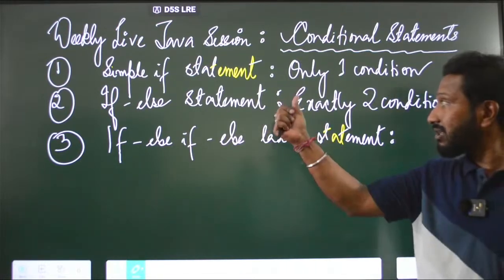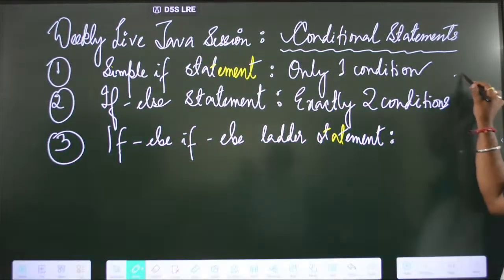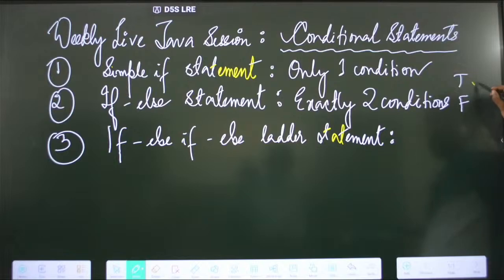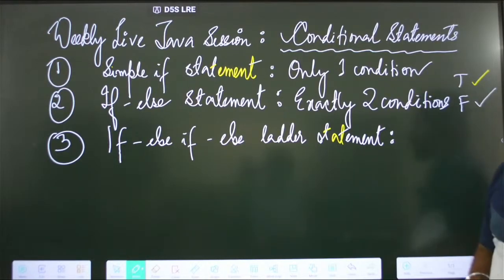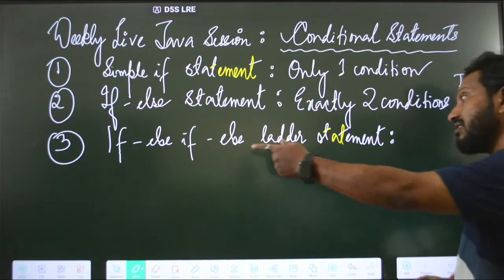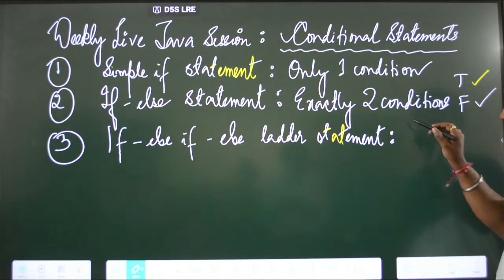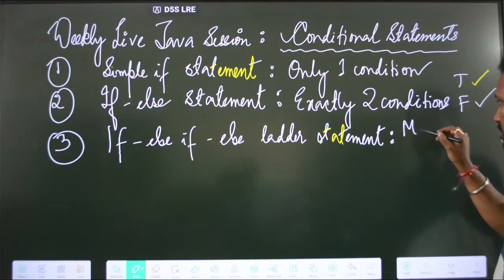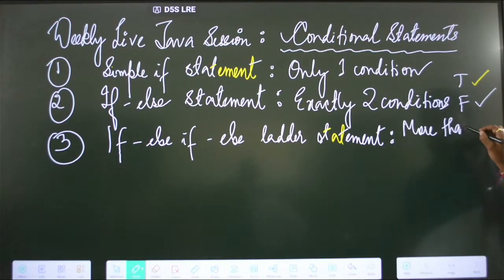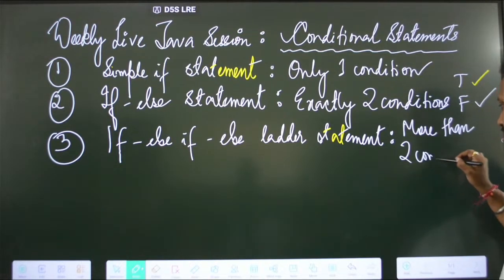In the second one, either the true part will be executed or the false part will be executed. In the third one, if you have more than two conditions, then we use the if else if ladder. So you can also say that it has more than two conditions.